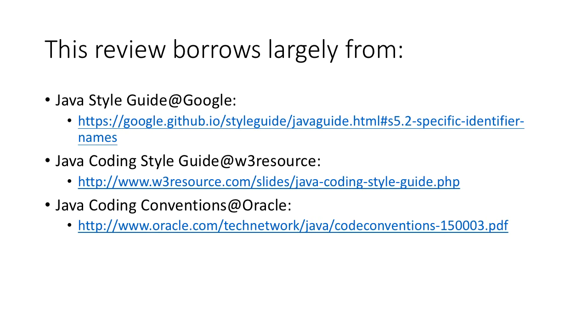Java has very rich semantics, and there is a large set of coding styles or conventions that different programmers follow. This review is just an introduction, and we borrowed material from the Java style guide published by Google, and also the W3 resource Java coding style guide. If you're interested, you can also look at the original Java coding conventions published by Oracle.